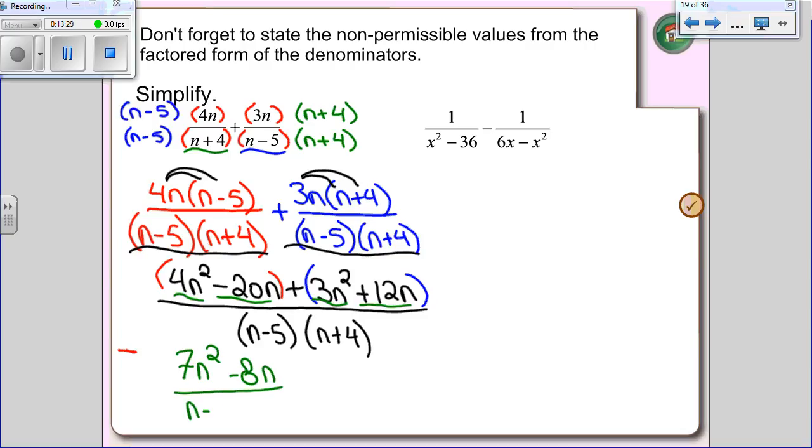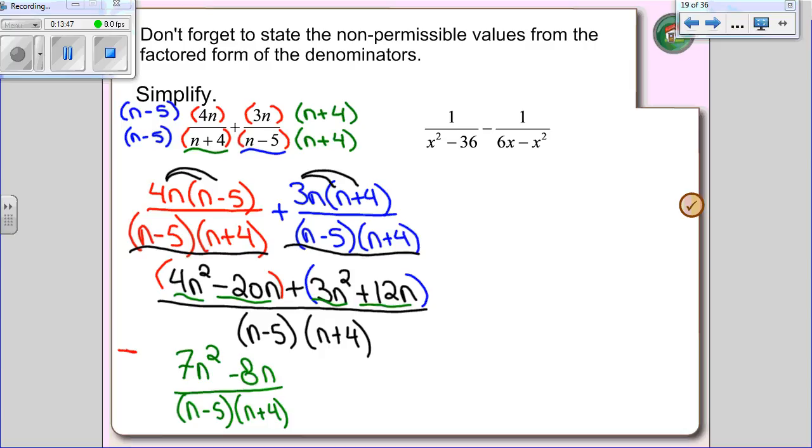If you could stick a GCF on the top, would you? Yeah, you want to finish off in factored form just to see if there's anything you can cancel out. You can factor your numerator. What can come out of that numerator? Just an n. So you can factor out an n.